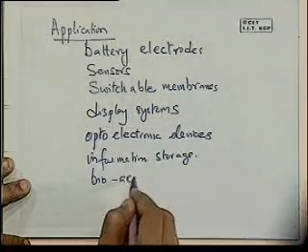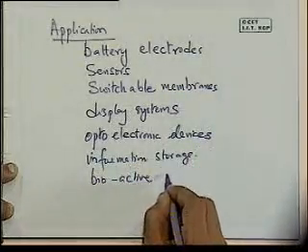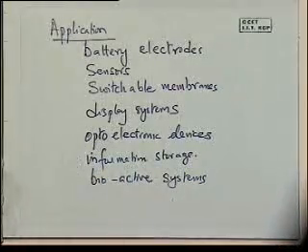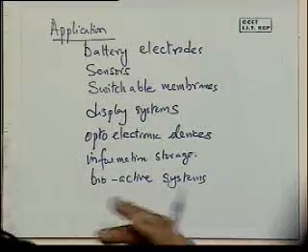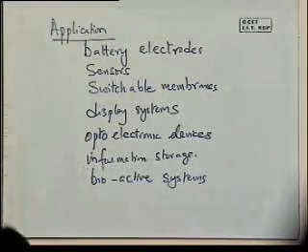Now, depending on the kind of polymer you use and what all functional groups are attached to it, bioactive systems or biocompatible systems. A lot of our body consists of organic materials, and so if you can have devices that are compatible with our body, that would be great. Okay? So this is just a broad listing of the kind. There's many more, but just to give a flavor for where people foresee going with this.